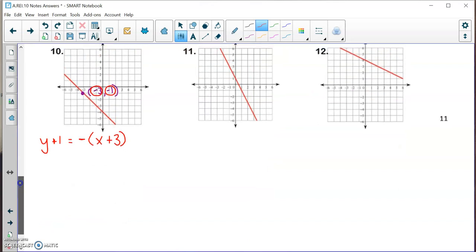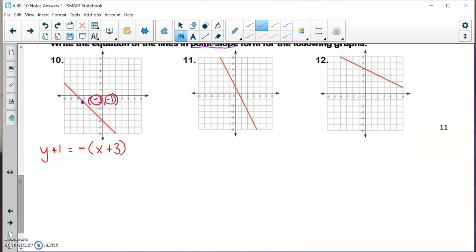So there's actually an infinite amount of choices or equations that you can write for numbers 10 through 12. For example, maybe you chose this point here, which is the point 1, -5. If you chose that point, your equation would be different. It would look like this.